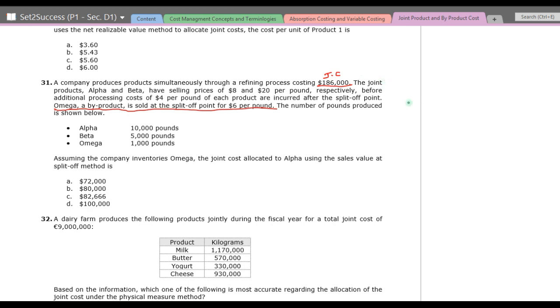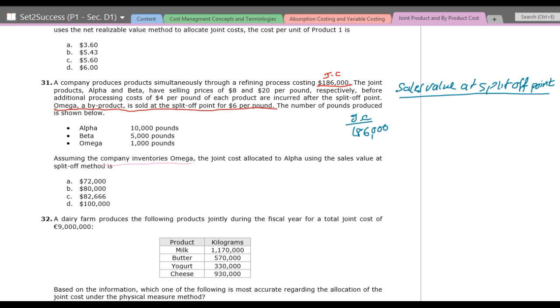So the method that is being used is sales value at split-off point. The joint cost is 186,000, and here they are saying that the company has inventoried omega.